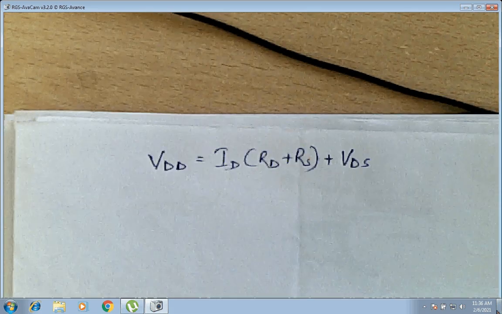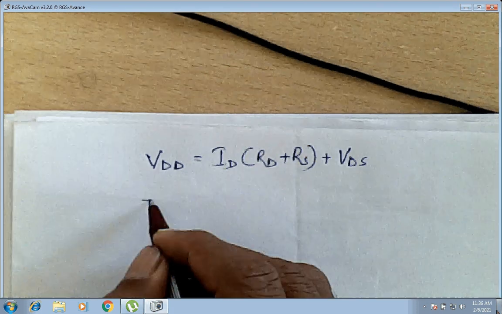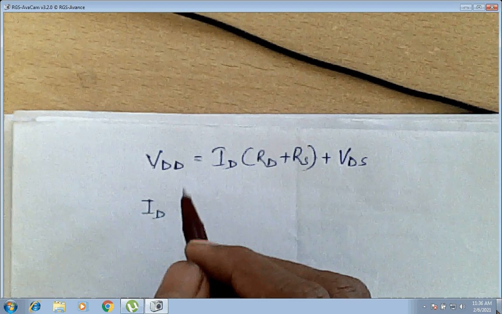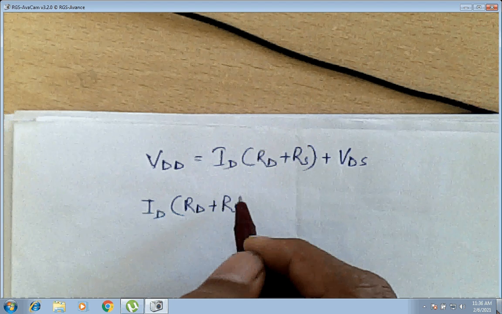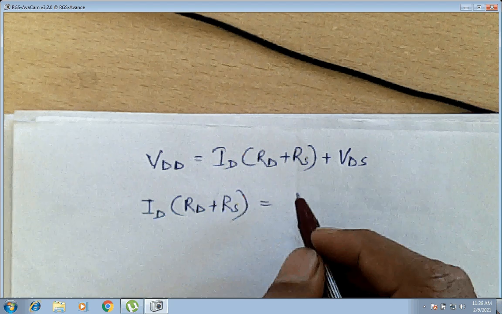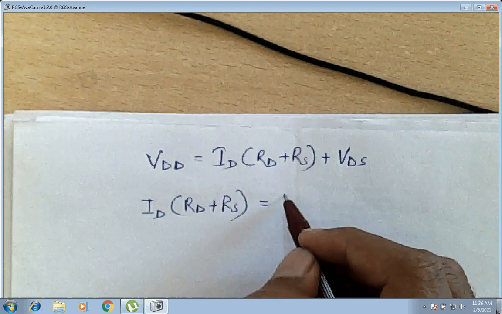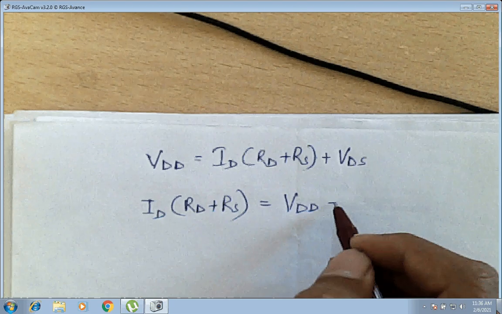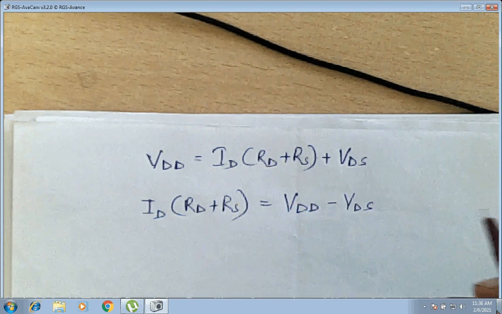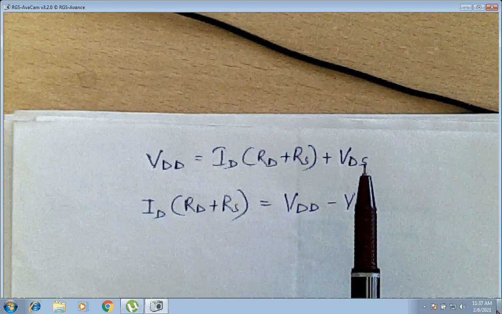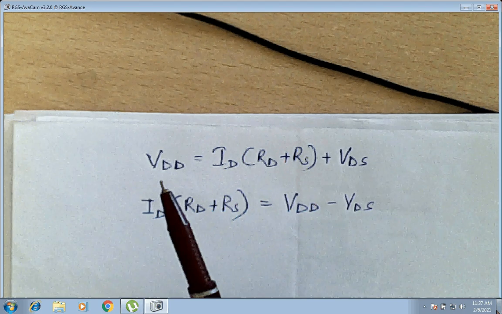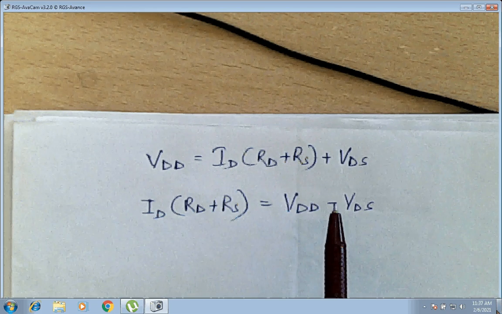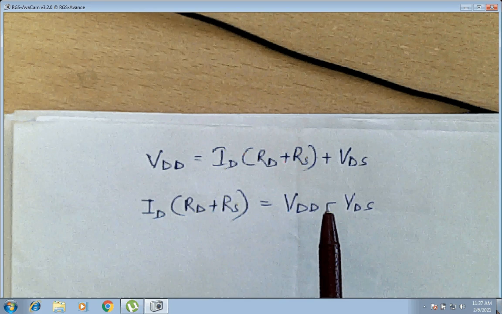So taking here ID on this side into bracket RD plus RS is equal to VDD minus VDS. Just what I have done is that VDS from this side I have taken on the left hand side, so that's why it has become negative. Have you understood this?